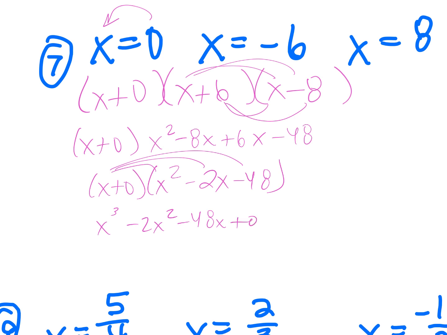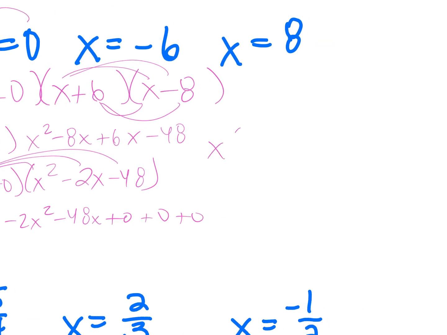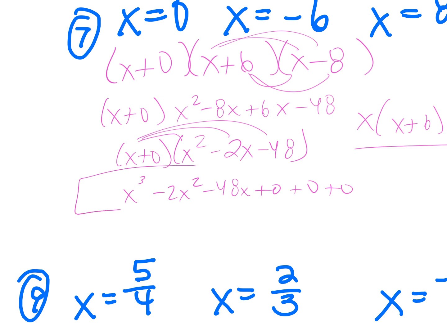So 0. 0 times 2x is 0. And then 0 times 48 is 0, right? So do I really have to put x plus or minus 0? No. When you guys go to do this, you can just leave the x out in front like this and just FOIL it that way. Because this is what you would end up with right here.